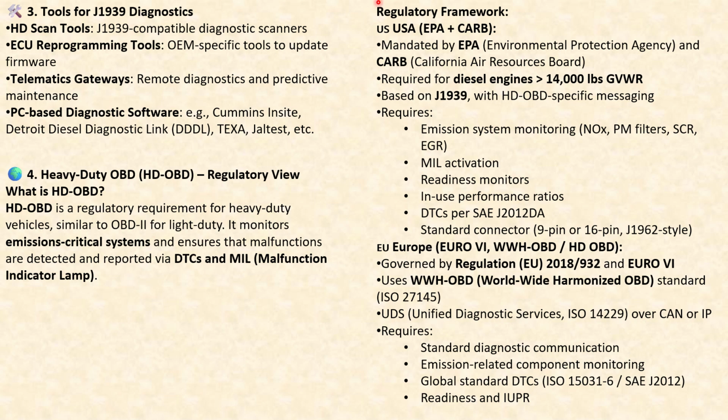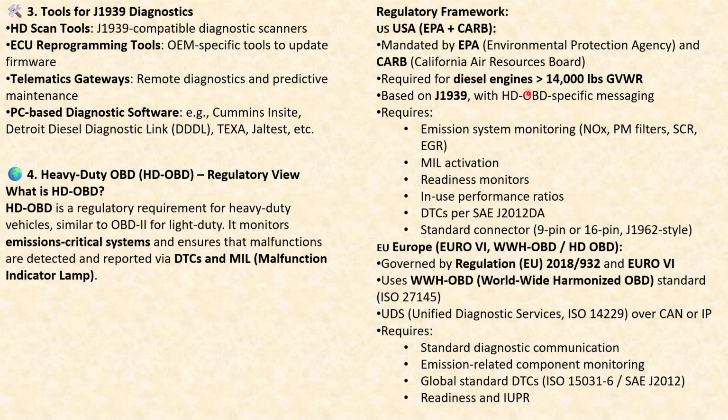Now, when it comes to the regulatory framework, in the USA it is a combination of EPA and CARB. It is mandated by EPA, Environmental Protection Agency, and CARB, which is the acronym for California Air Resources Board.